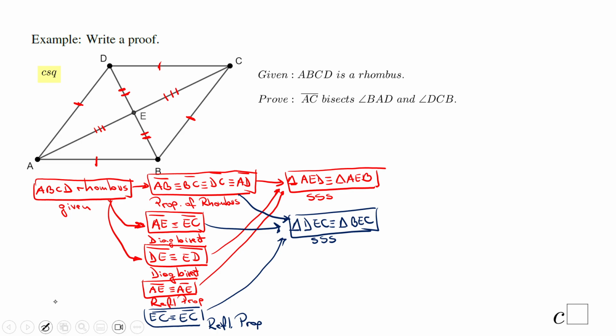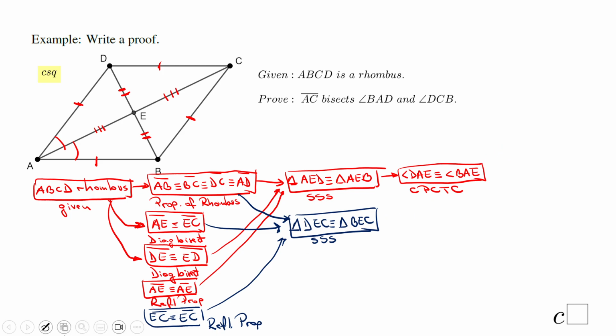And now let me go back to the first two triangles. From this one, we can say these two angles are congruent: angle DAE congruent with angle BAE. The reason here is corresponding parts of congruent triangles are congruent.